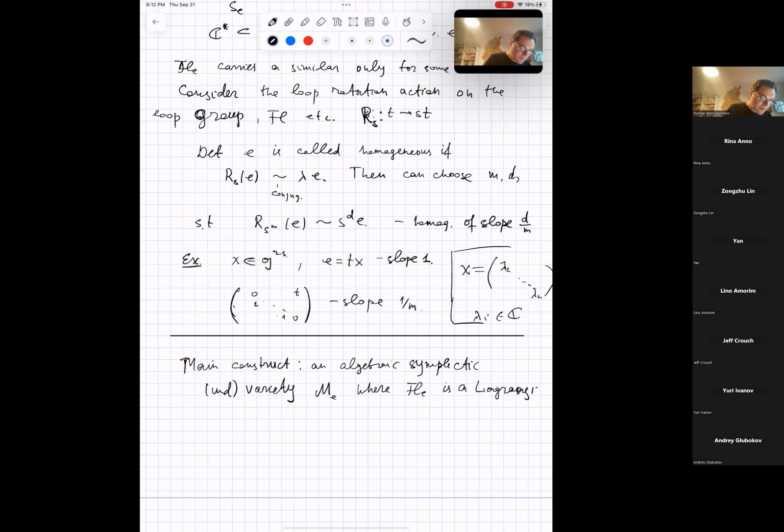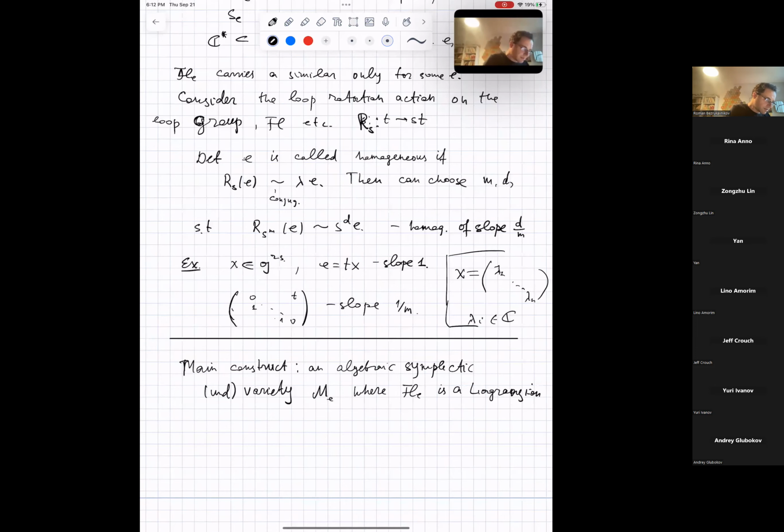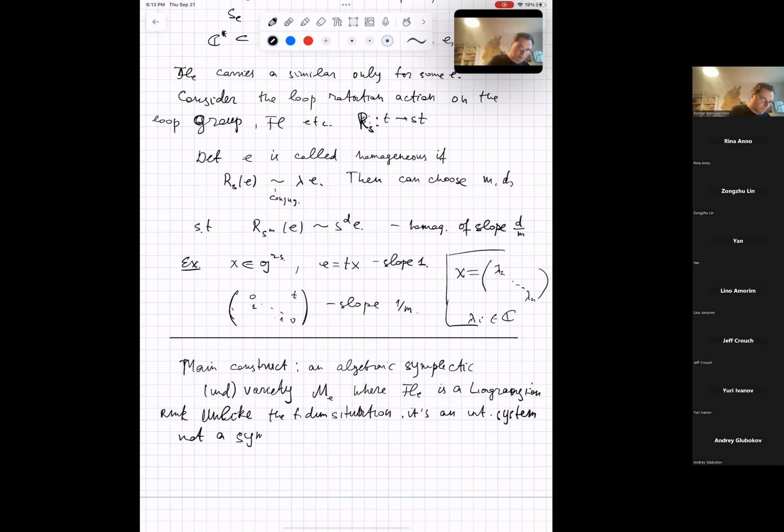But in contrast with the finite dimensional situation, this is not a symplectic resolution of singularities. It's rather an integrable system, not a symplectic resolution.